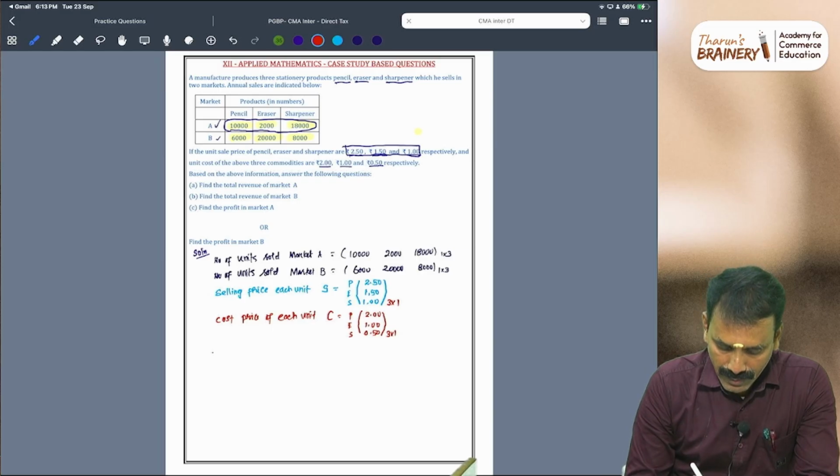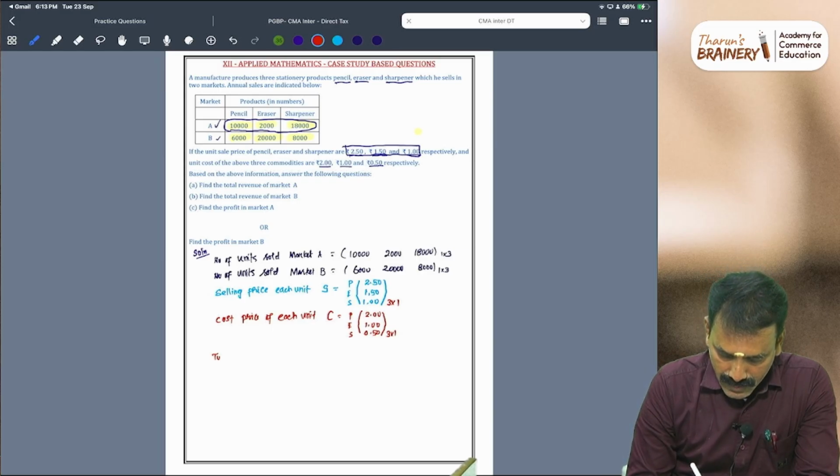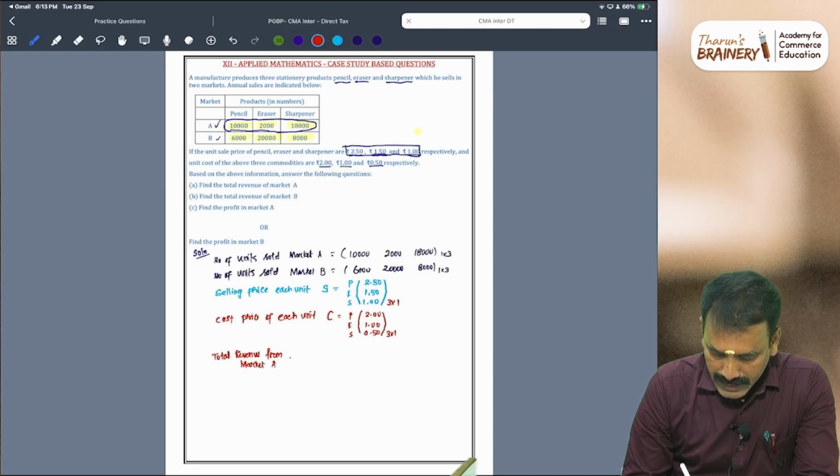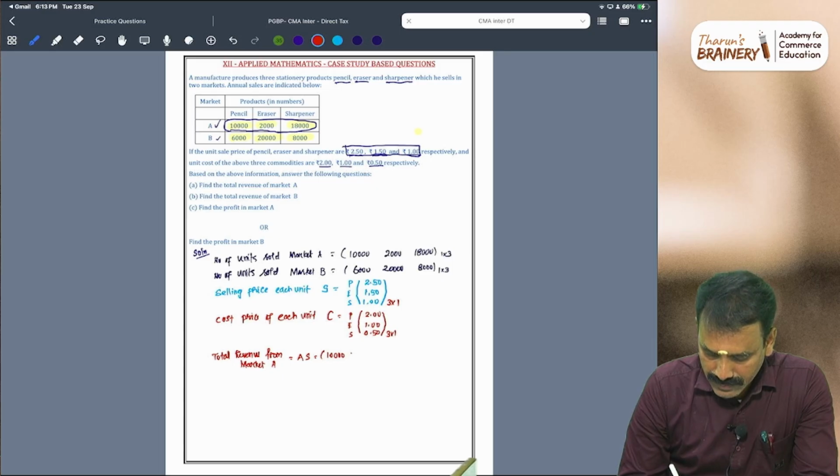So, total revenue from market A is going to be equal to A multiplied with S. The A matrix is 10,000, 2,000, 18,000, multiplied with the column matrix S, the selling price: 2 rupees 50 paise, 1 rupee 50 paise and 1 rupee.